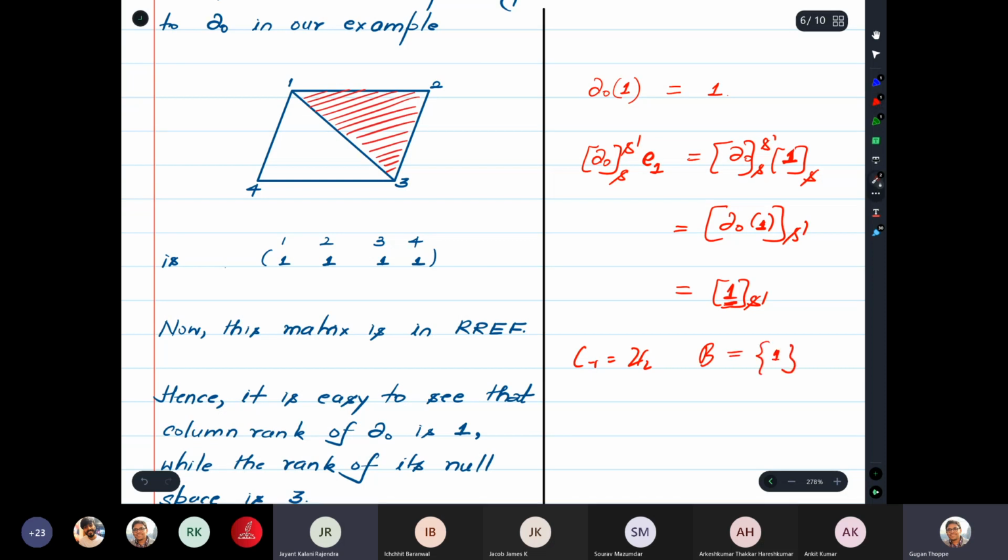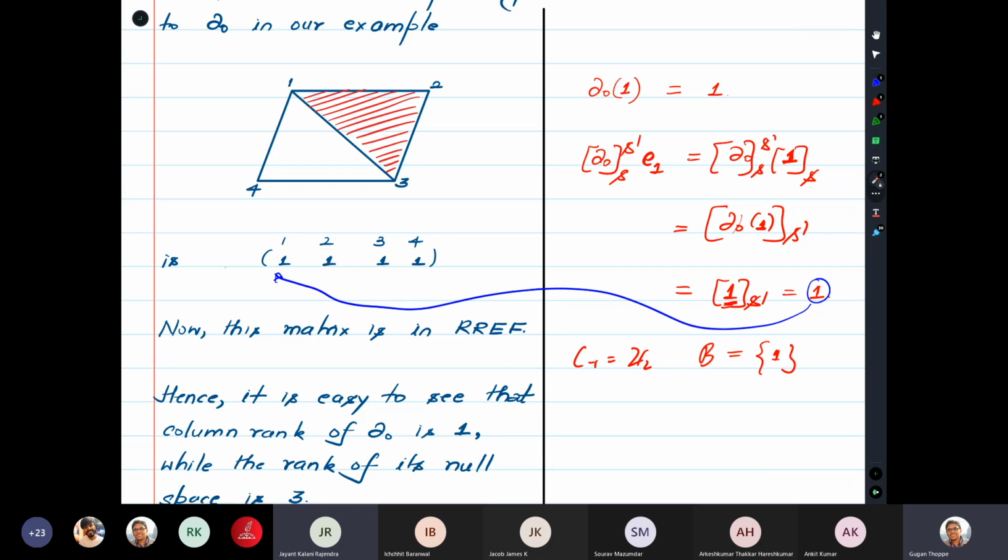So from this we can see that the coordinate of 1 with respect to S prime is precisely 1, and this tells us why the first coordinate over here should be 1, and similarly one can argue why these coordinates should be 1 themselves. Is this okay? So this is how you can see that the matrix representation of Daba 0 in the reduced homology case actually turns out to be this.